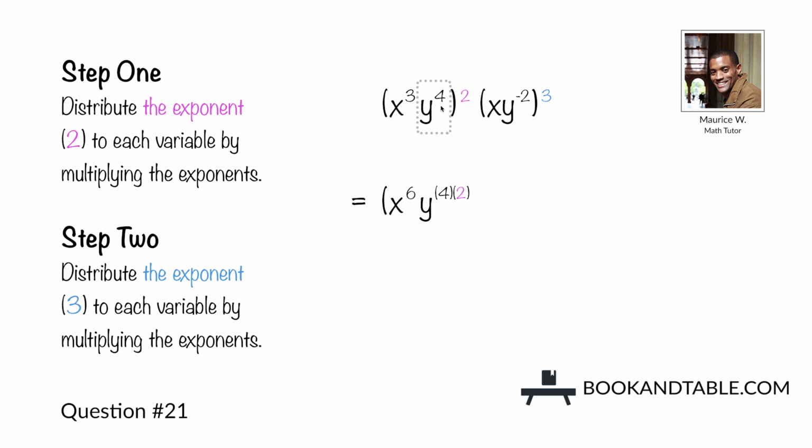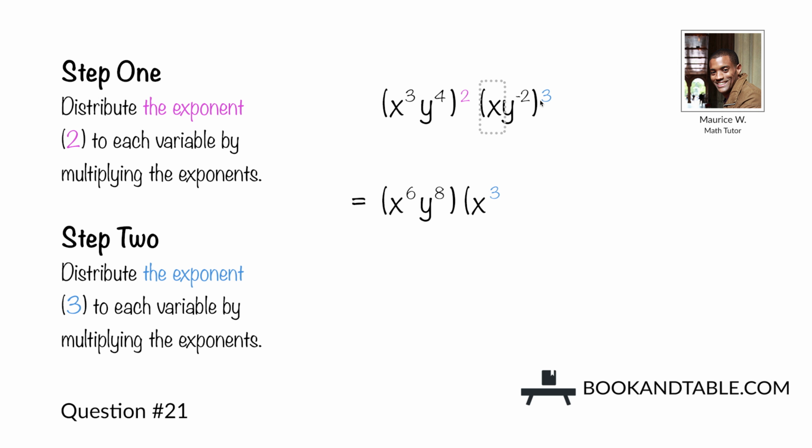Y to a power of 4 to a power of 2 becomes y to a power of 4 times 2, which is positive 8.